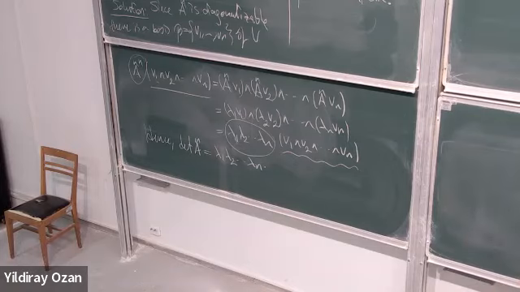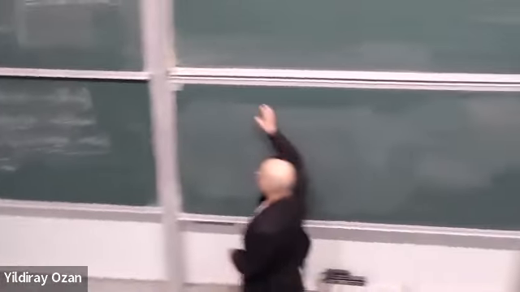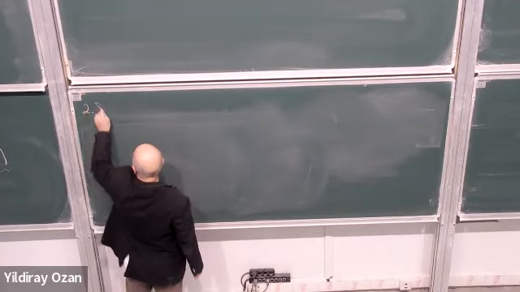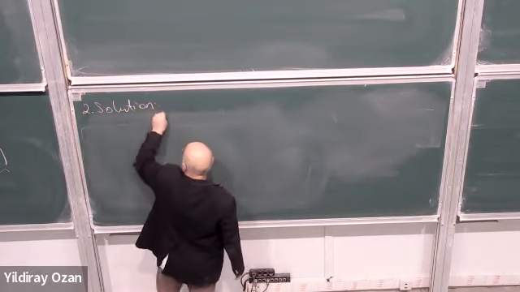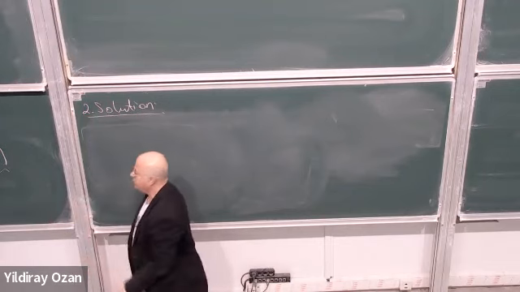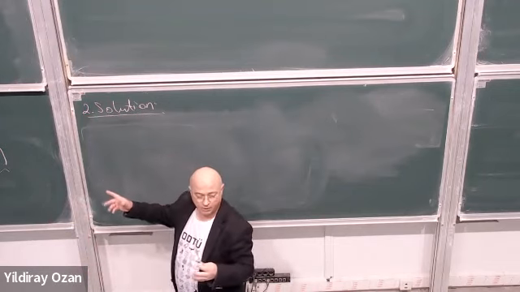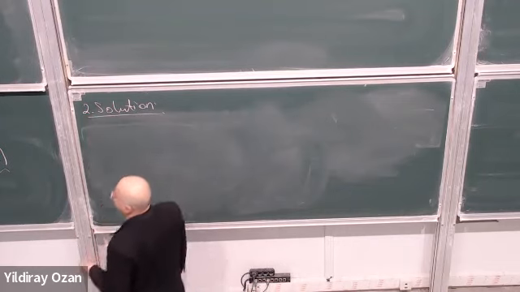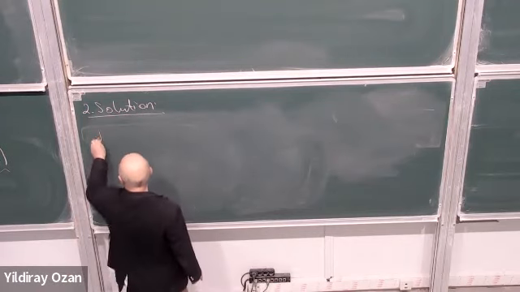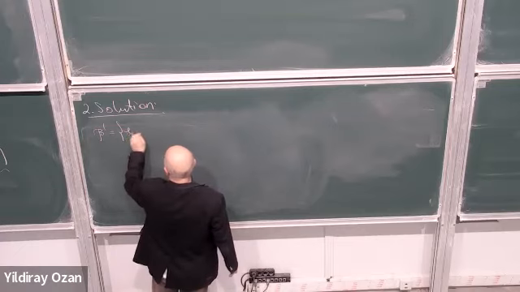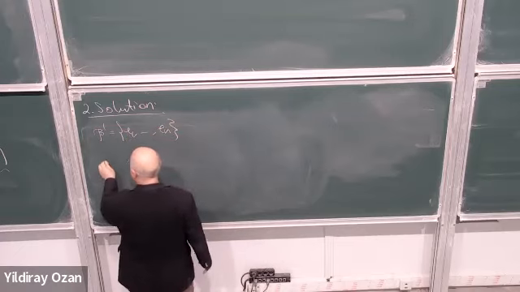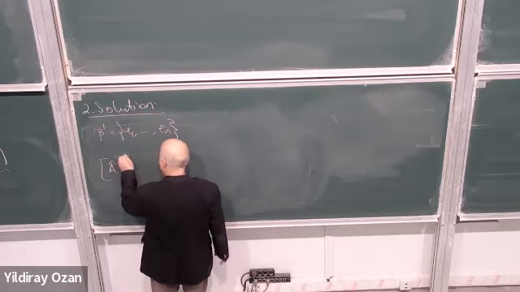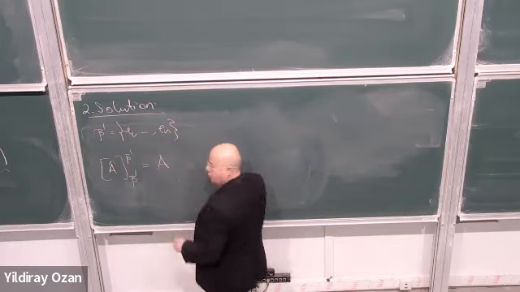Okay, so your friend suggests another method. Let me just explain. Second solution. Well, actually, you don't even need that, but suppose you have some basis, let's say beta prime, and in that basis, the matrix representation of A hat is the matrix A, okay?